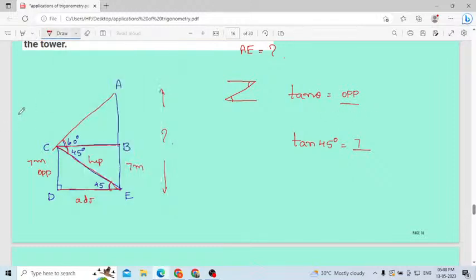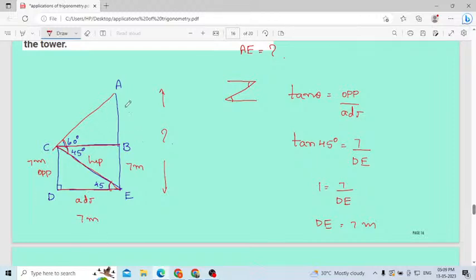Adjacent is here, DE. Then tan theta will be 1, 7 divided by DE. Then the DE value is also 7 meter.